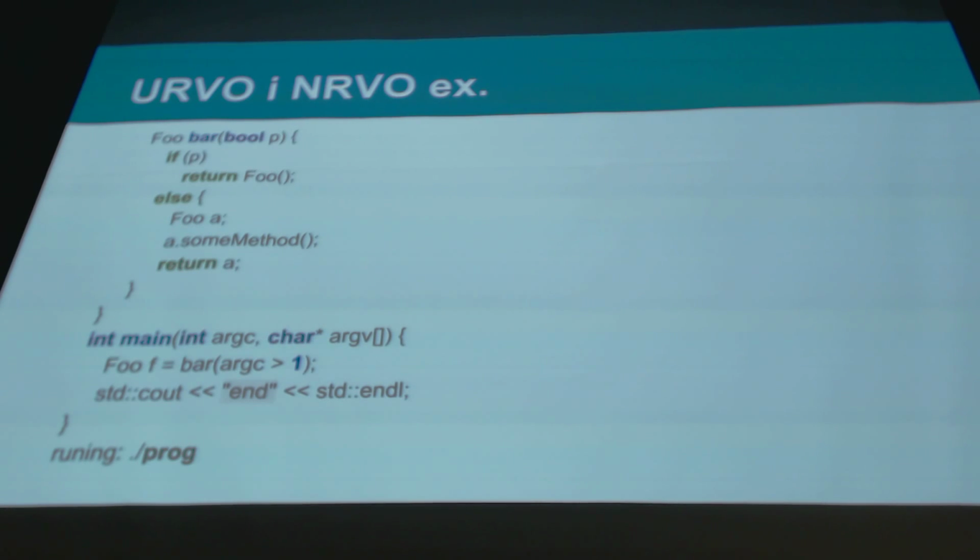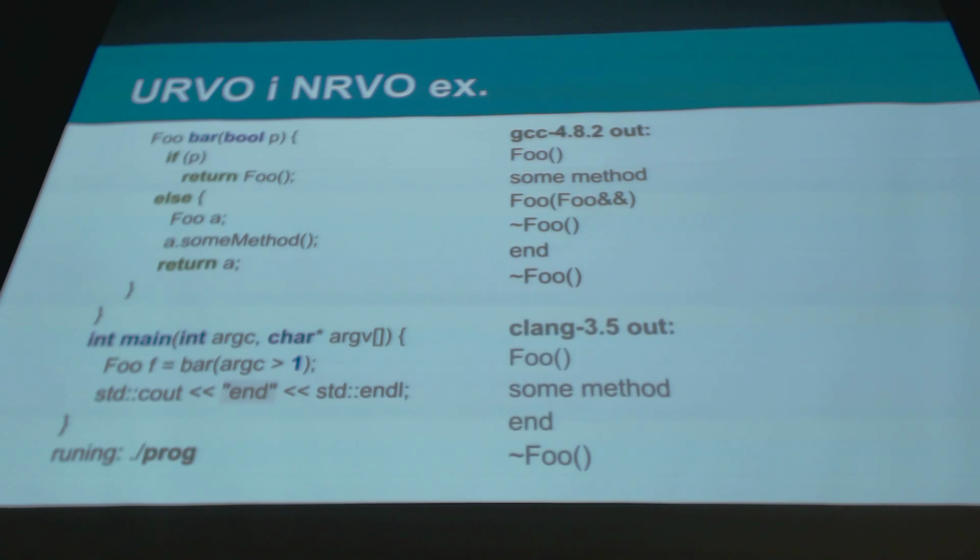So let's try something harder. What do you think? Can a compiler handle it? Hands up, who thinks that a compiler can handle it? Okay, who thinks that a compiler can't handle it? Okay. I will tell you that GCC cannot handle it, but Clang can.